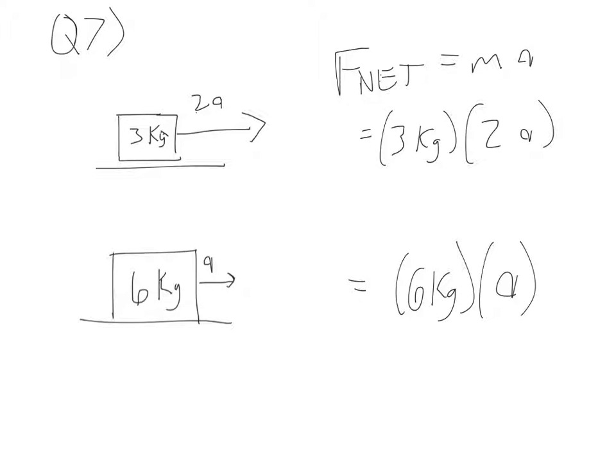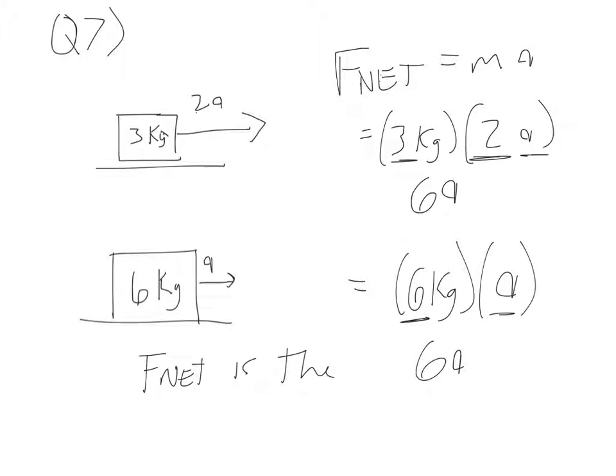And we can see that 3 times 2 times a is 6a for the net force of the first one, and then we have 6a for the force on the bottom one. So the net force is the same on the two blocks.